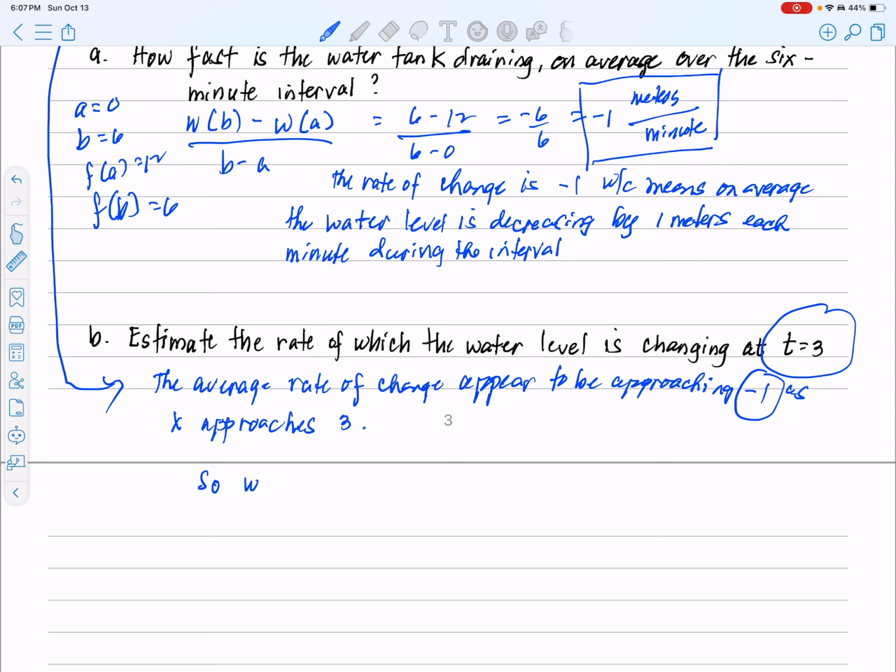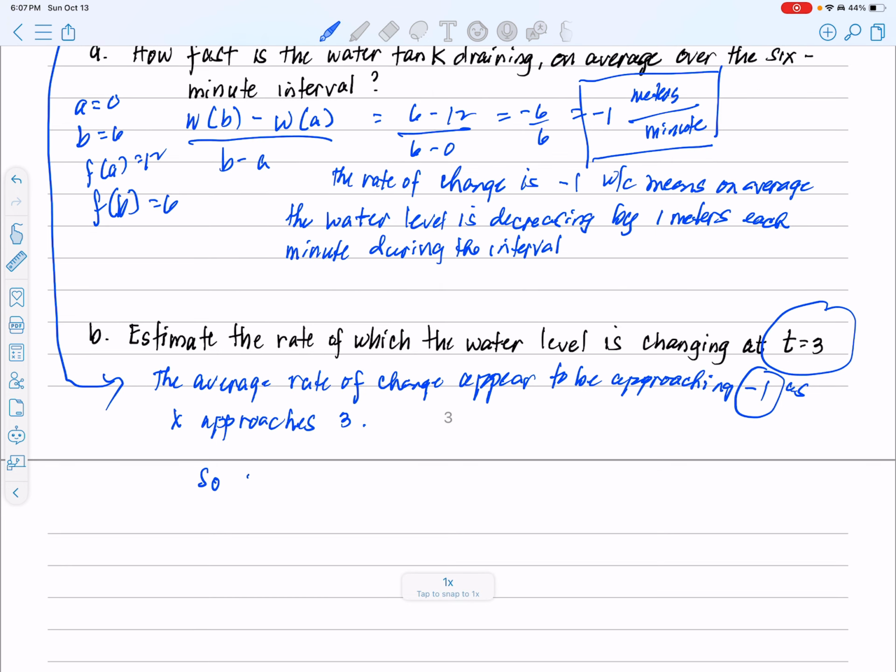So the instantaneous rate of change at x equals 3 is negative 1.